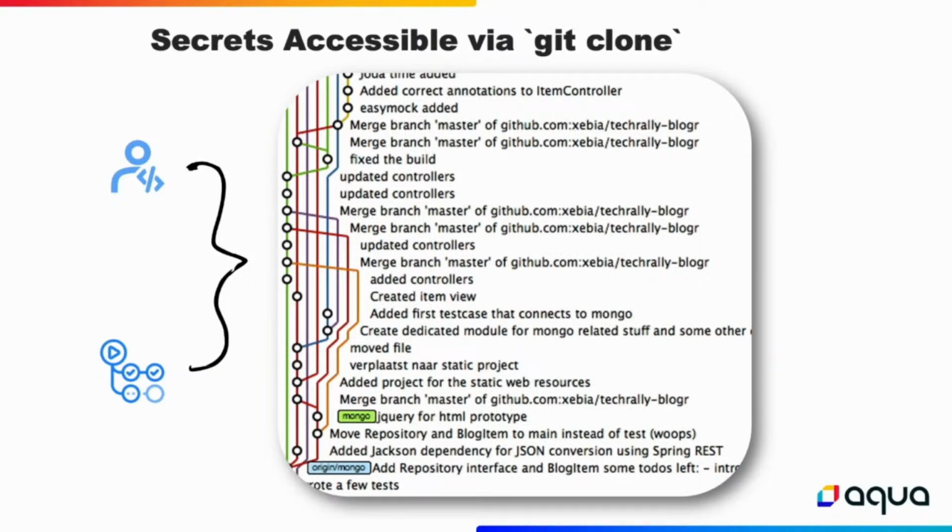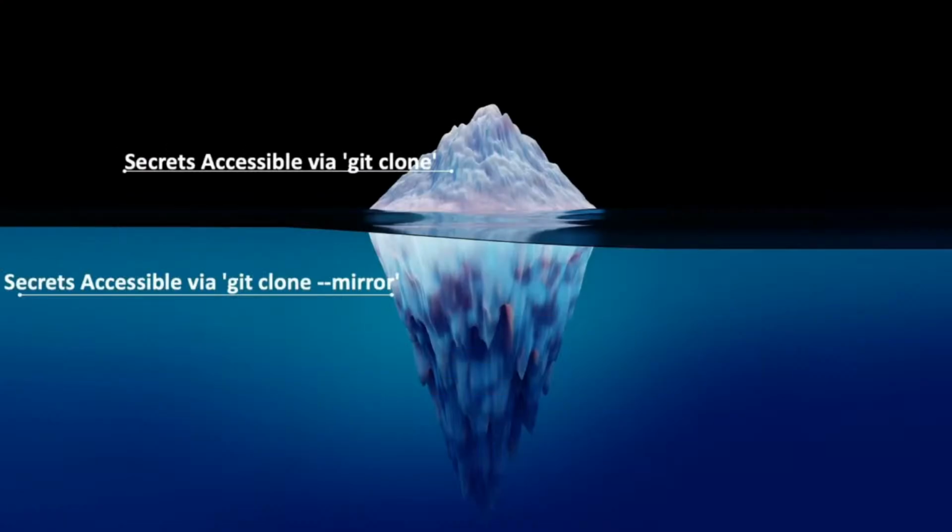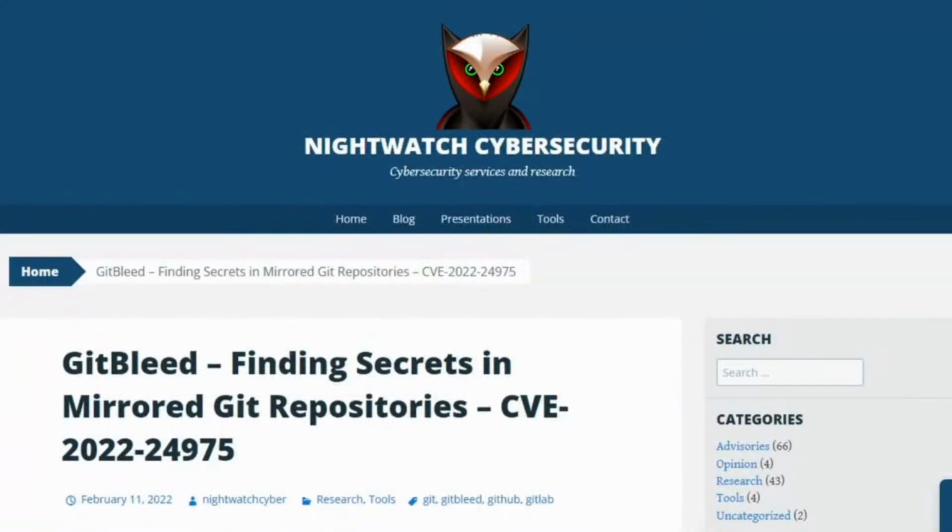Now we are at the interesting part of this research, so pay attention. Secrets that are accessible only on the mirrored version of our repository. In February 2022, a cybersecurity company called Nightwatch released an interesting finding that resulted in a CVE known as GitBleed. In this CVE, they mentioned that additional parts of the repository only become visible when using the git clone --mirror command.